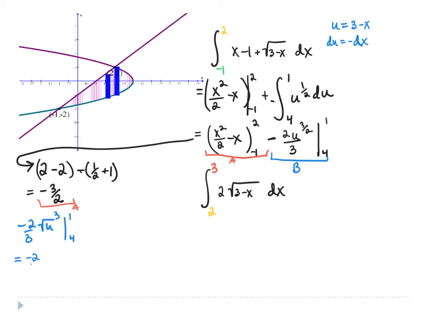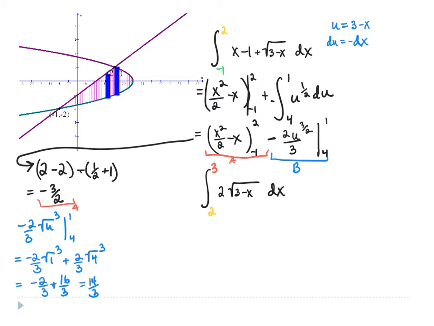So this would be -2/3 root of 1 cubed, and it's going to be subtract a negative, or plus 2/3 root of 4 cubed. So that's going to end up being -2/3 plus square root of 4 is 2, 2 cubed is 8, so this is 16/3, and added together I end up with 14/3.